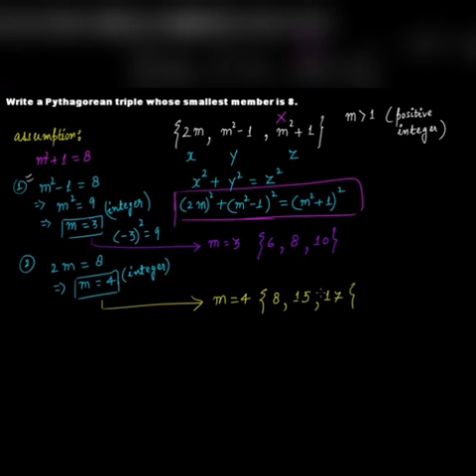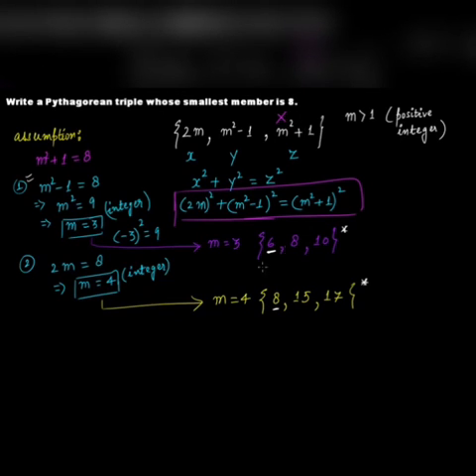Now, if you check this Pythagorean triple, 6 is the smallest member and not 8. But if you check this other Pythagorean triple, then 8 is the smallest member as per this question. It satisfied this condition.